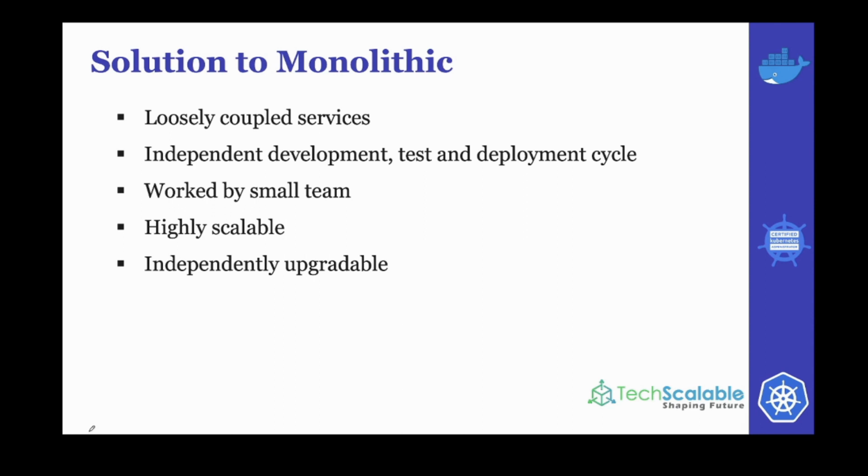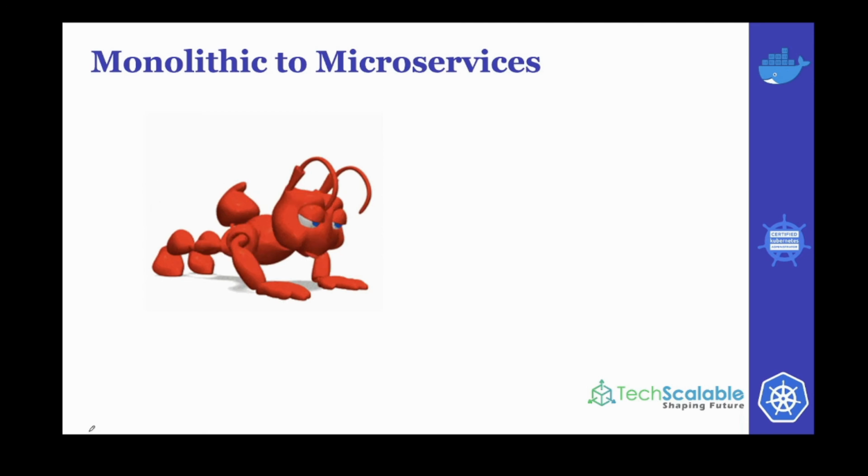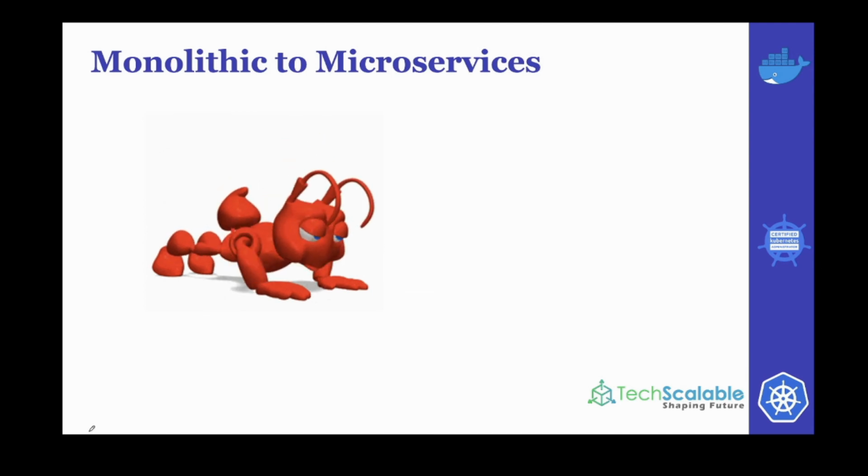But that would happen only when we break out from monolithic to microservices. So monolithic is like a demon, a huge big demon, which has a lot of power. Everything is coupled together, and when it gets deployed, it works well.